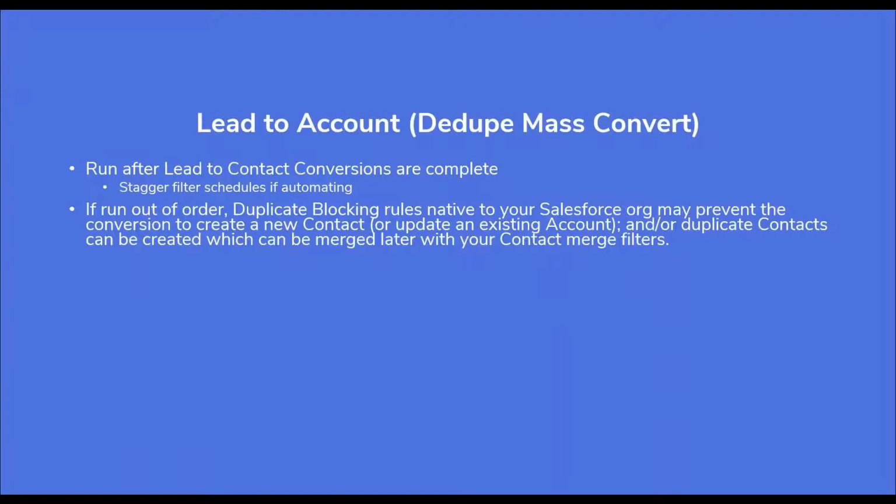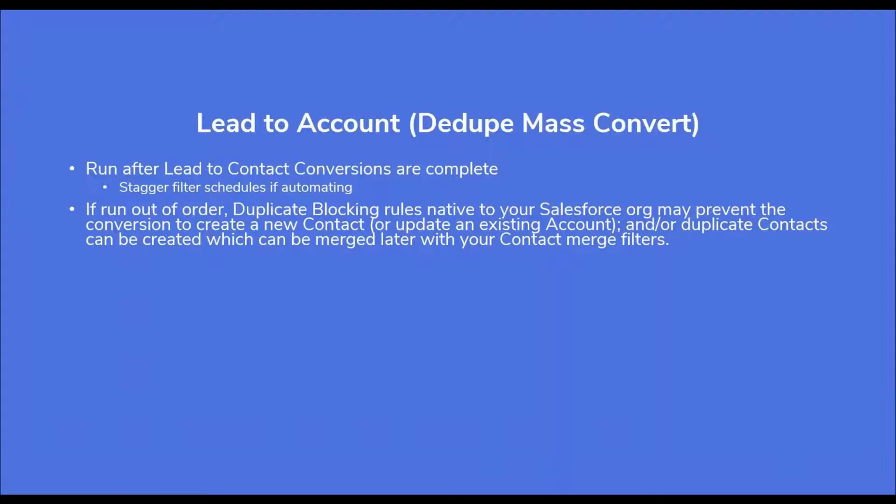If you run them out of order, most of the time it's not going to be that huge of a deal. Either your Salesforce native or maybe a third-party duplicate blocking system, if you have rules in your Salesforce org running to block duplicate entries, you may see some error messages come through during the conversion process that are preventing the conversion.